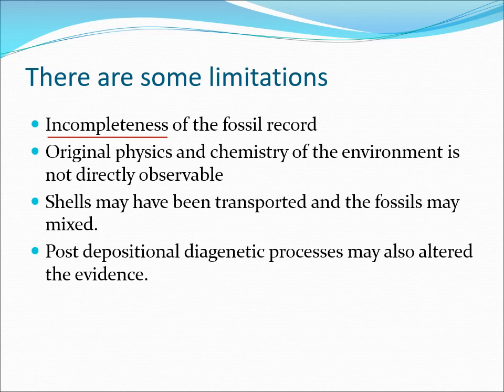So during this entire time span, the rocks will suffer certain changes with changing Earth physico-chemical conditions, and those changes alter a lot of the physics and chemistry of the then environment in which the original rock was formed.